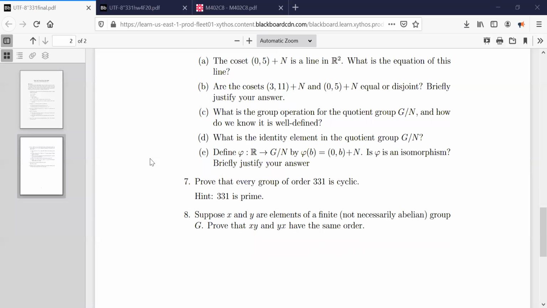There's actually no recitation listed for 332, so we might not have any recitation TAs. Okay. Yeah, that might be the case.